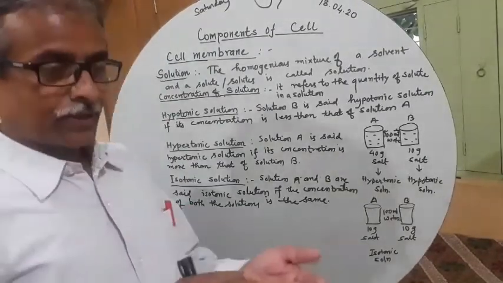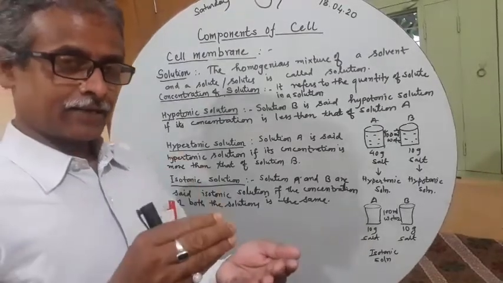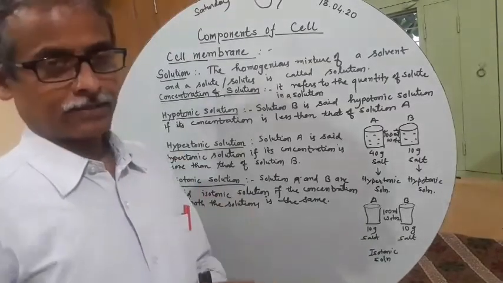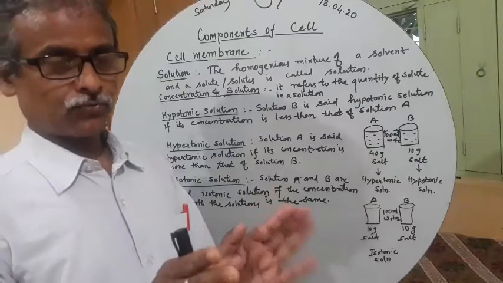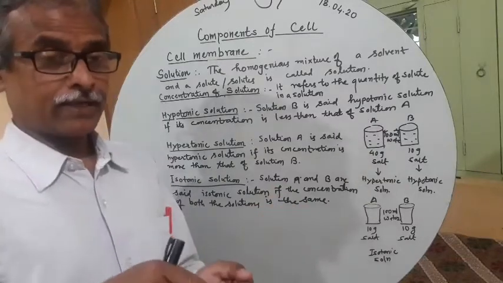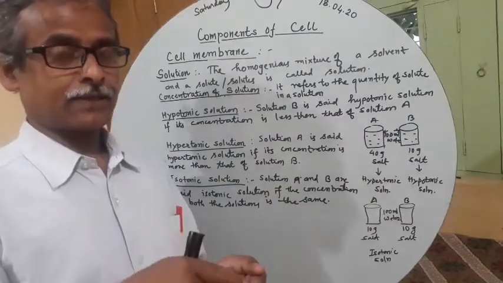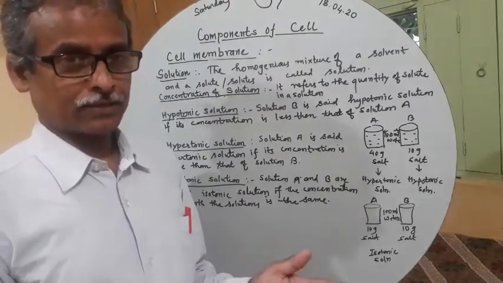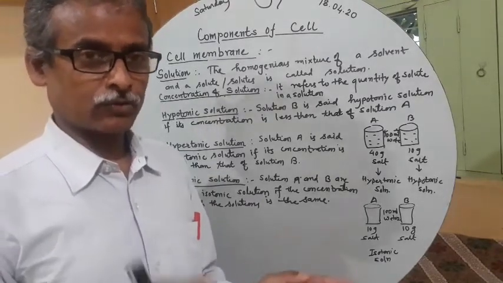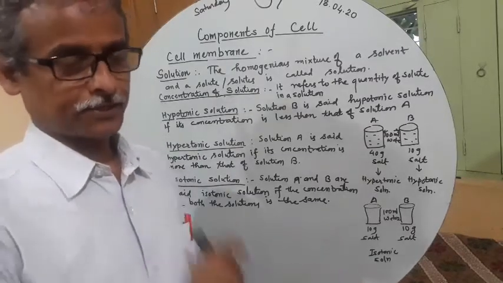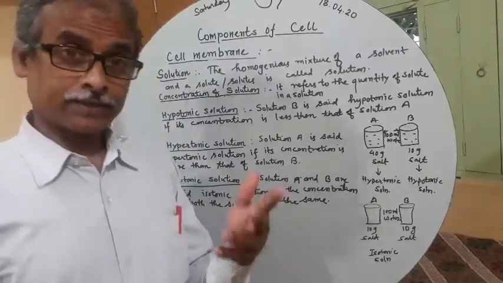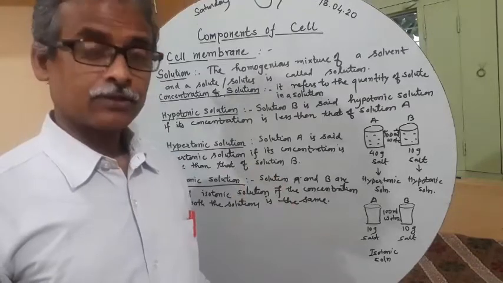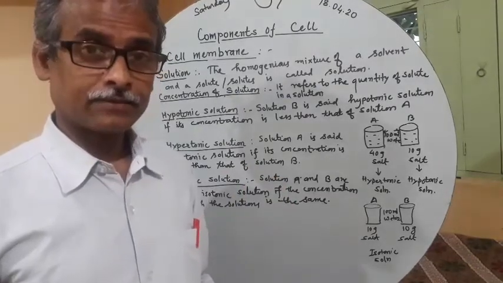Here, when we added salt in water, a mixture was made, and when it was stirred, salt mixed up well in that water, it became a solution of salt in water. Here, water is solvent and salt is solute.